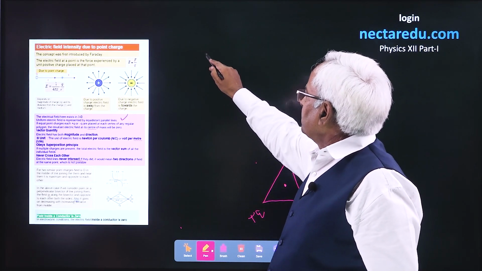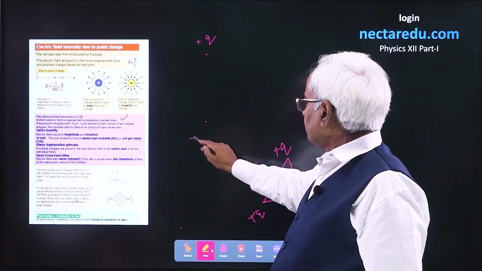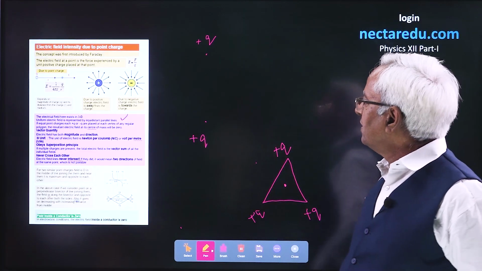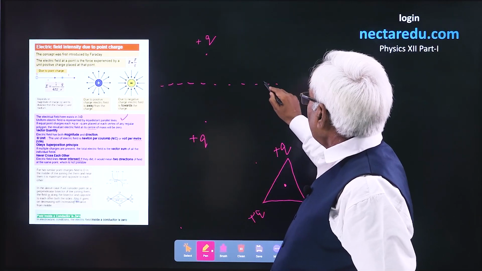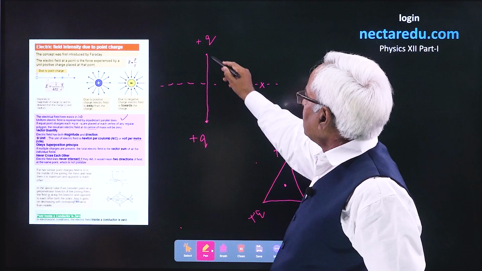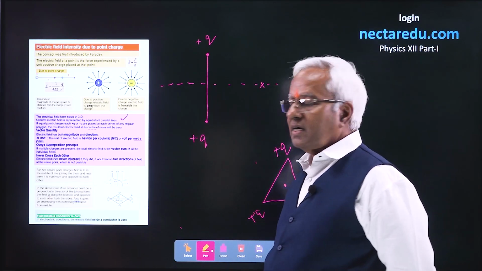One more important result you should remember by heart. Suppose there are two similar charges, and you choose any point on its perpendicular bisector, I mean the perpendicular bisector of the line joining the two similar charges.